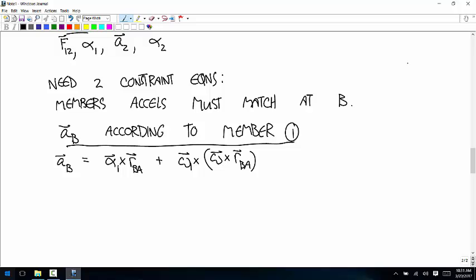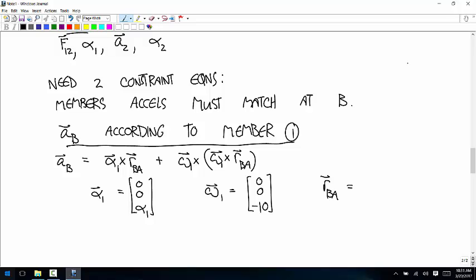All right, so let's write out what all these are. Alpha 1 is 0, 0, scalar alpha 1. Omega 1 is, remember, omega was, for both of them, negative 10. This is 0, 0, negative 10. And then what's our vector 2B from A? That's right. So that's 0.3535, 0.3535.